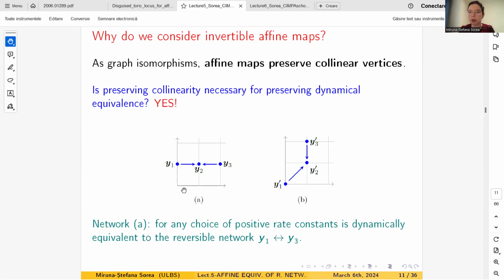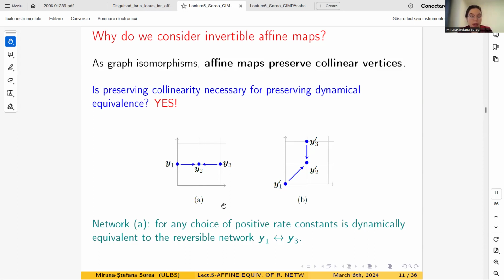You already saw the definition, I also mentioned it, and I think the previous lecture by Beatrice also did: each reaction has its reverse reaction. So the left network here is dynamically equivalent to a reversible network. You can check this by finding such a reparametrization of your rate constants.